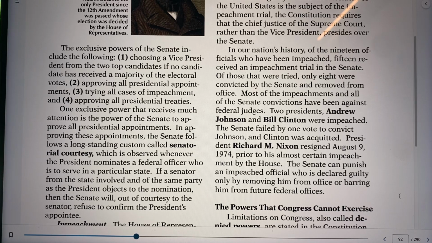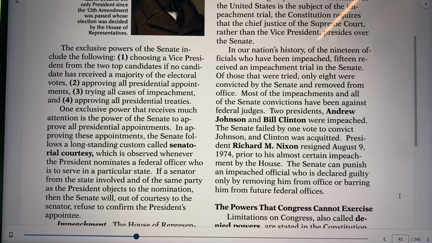Bill Clinton was also accused by the House of Representatives of charges. Well, I'm not going to go into Bill Clinton's charges, but the Senate did acquit Bill Clinton, so he did not get removed from office.